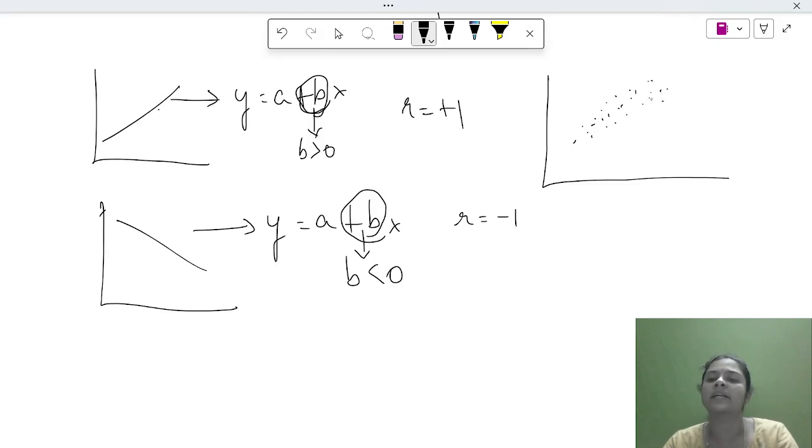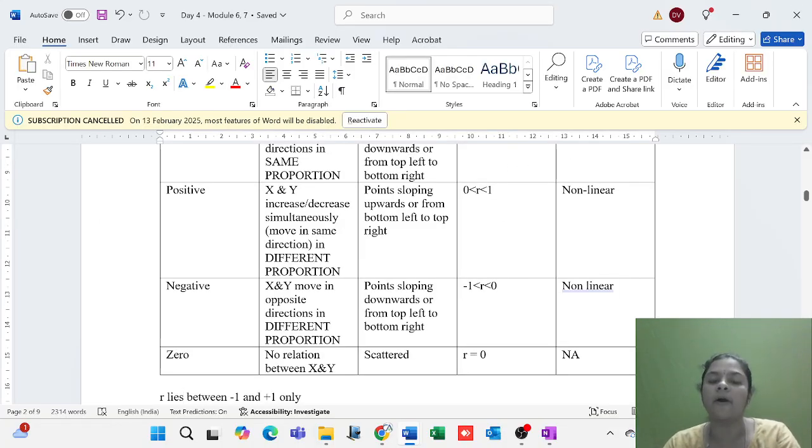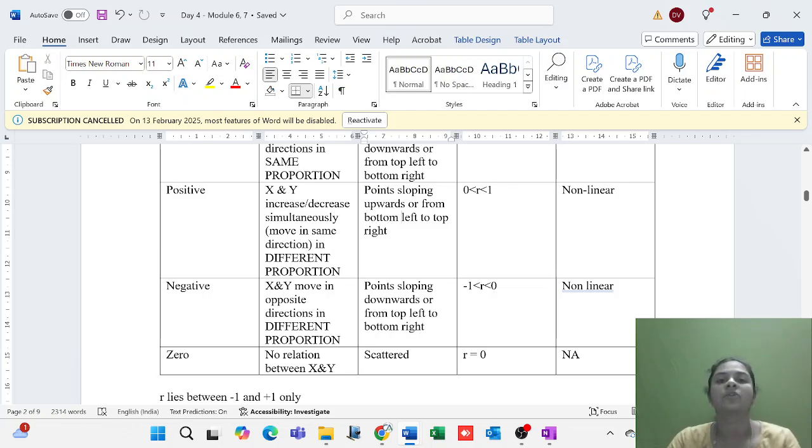It is only a set of points sloping upwards from bottom left to top right. So when they use the word line, it is perfect correlation. When they use the word points, then it is non-perfect, which is positive or negative correlation.